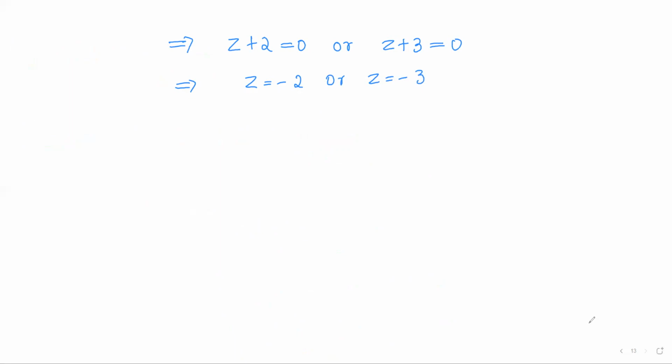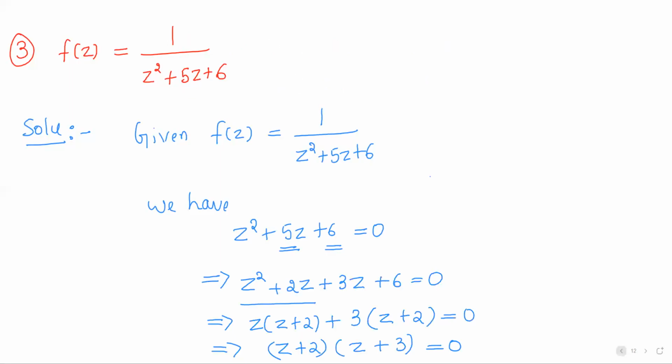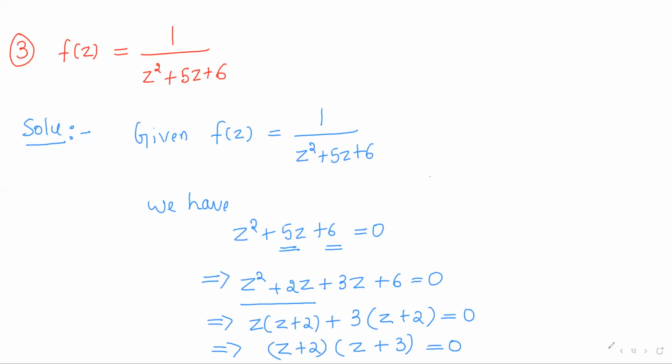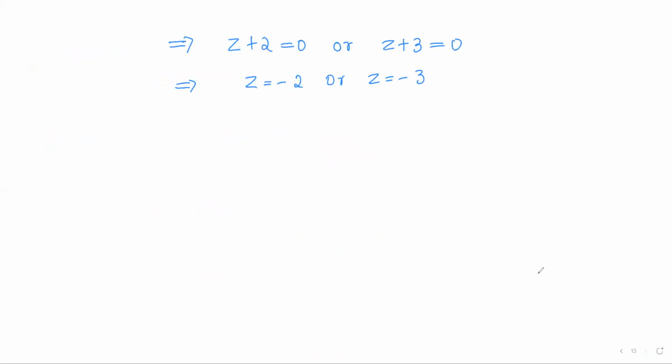So z is equal to minus 2 and z is equal to minus 3 are the zeros of the denominator function, and they are simple zeros in fact, because z square plus 5z plus 6 is a quadratic equation which has two zeros, minus 2 and minus 3. So minus 2 is a zero of order 1, minus 3 is a zero of order 1. So minus 2 and minus 3 will be poles of f of z of order 1.